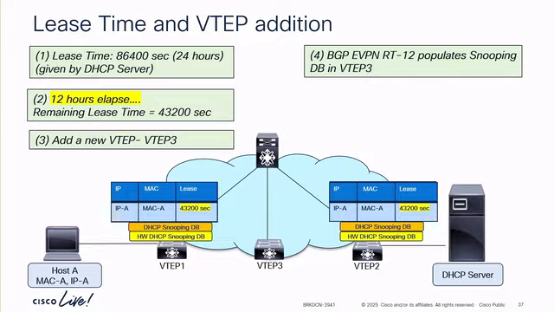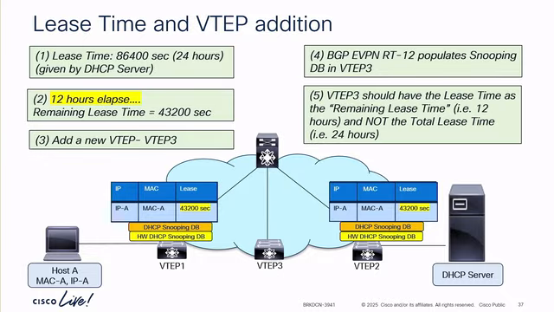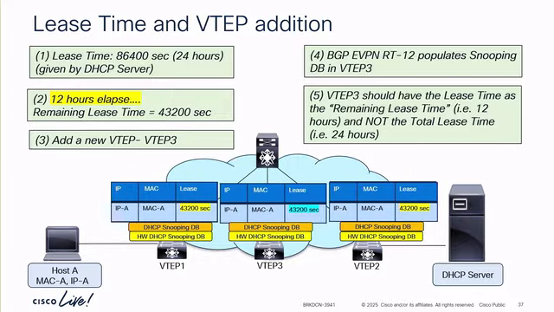Now what happens? BGP EVPN route type 12 will come to our rescue in populating the entry, right? That's not a problem. The problem is that now you need to ensure that on this new VTEP as well, the lease time is not the total duration as given by the DHCP server. It should be the remaining lease time so that the entire fabric is in sync, right?